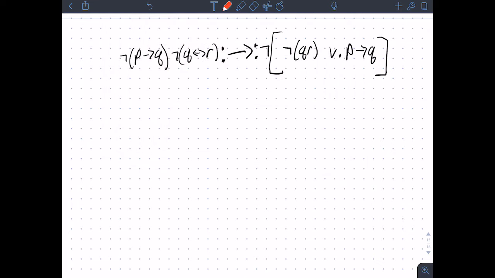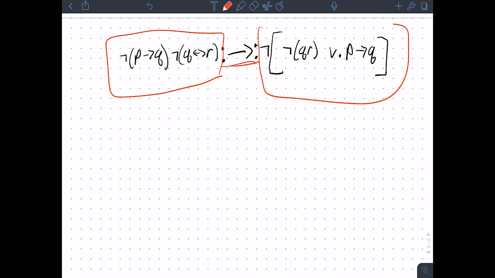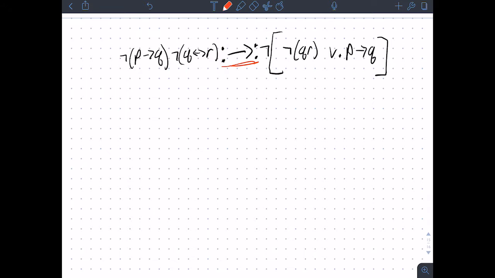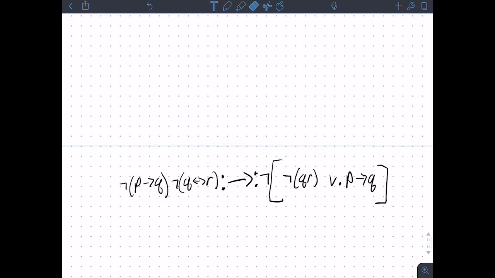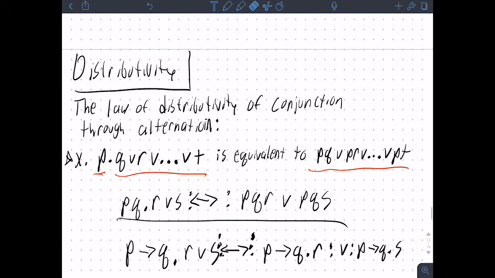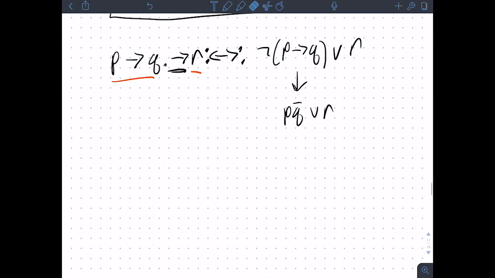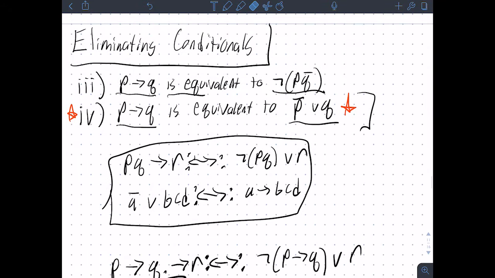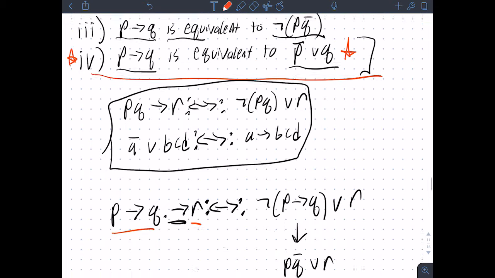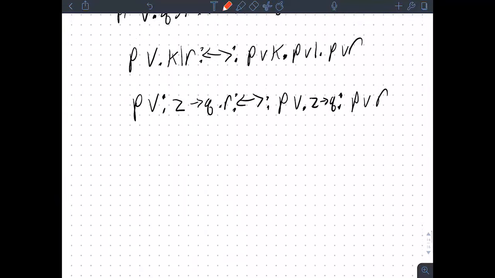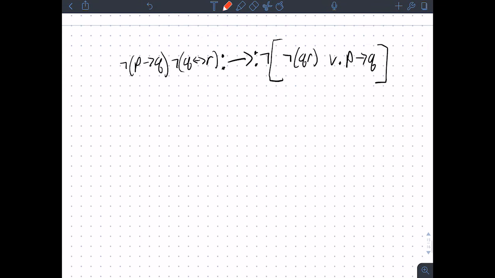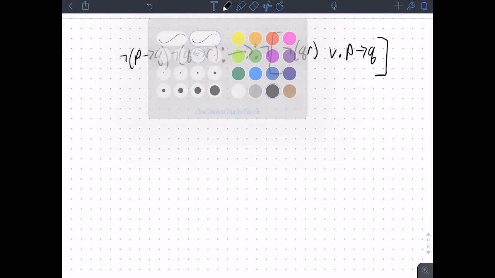So first, the whole schema is one big conditional, right? If we're paying attention to our dots, this whole thing is the antecedent and this whole thing is the consequent. So I'm going to apply one of our rules for eliminating conditionals. I'm going to apply this one, rule 4, to the whole thing. It might help for you to reference the rule sheet, which I will hopefully remember to post while I'm doing this.